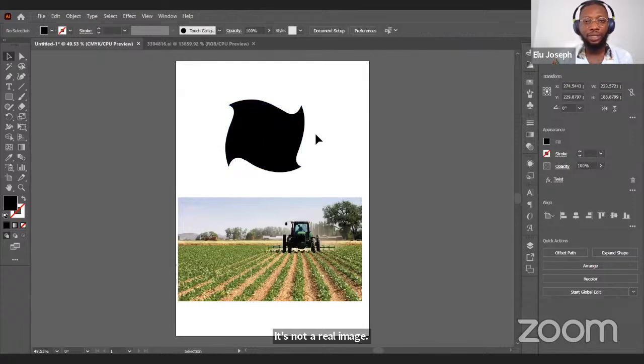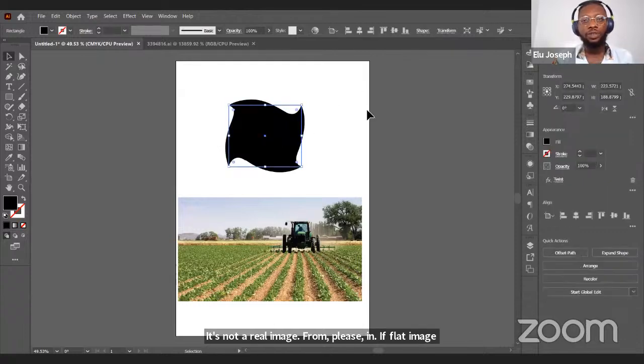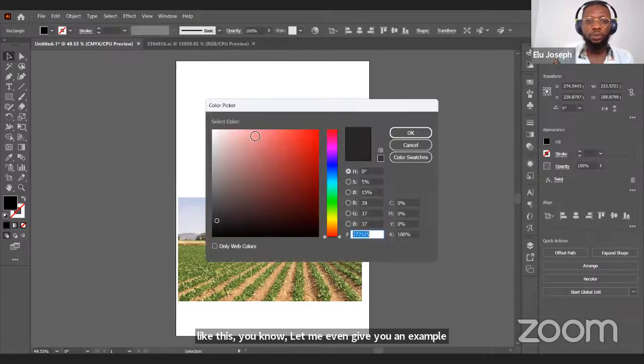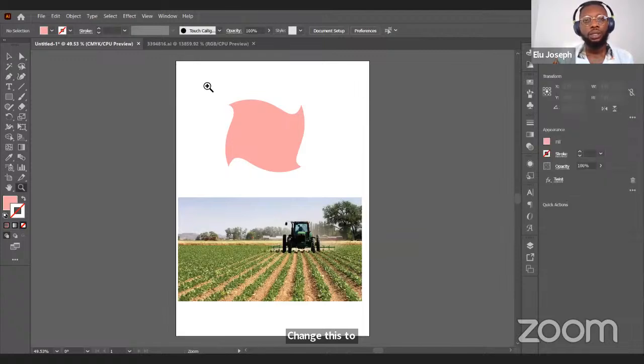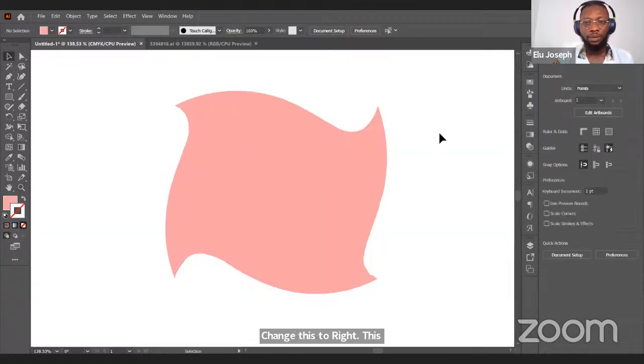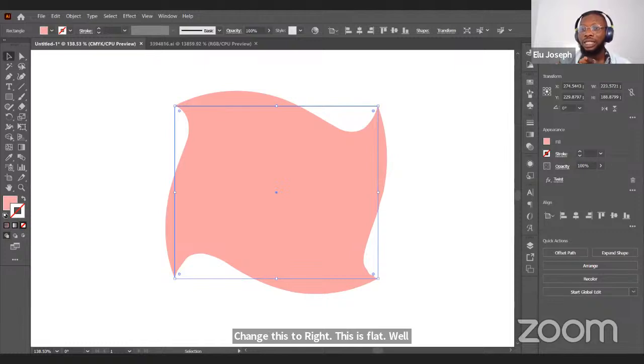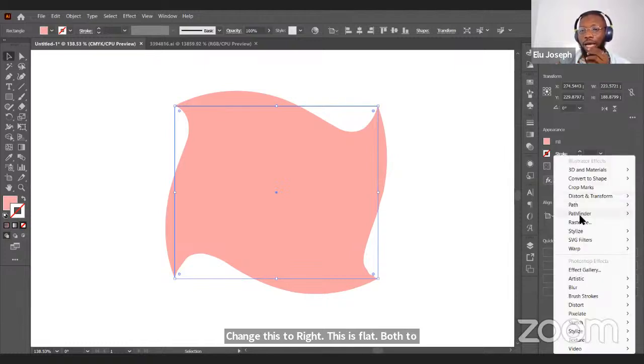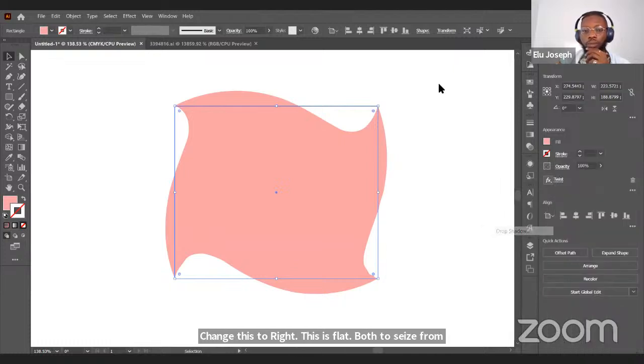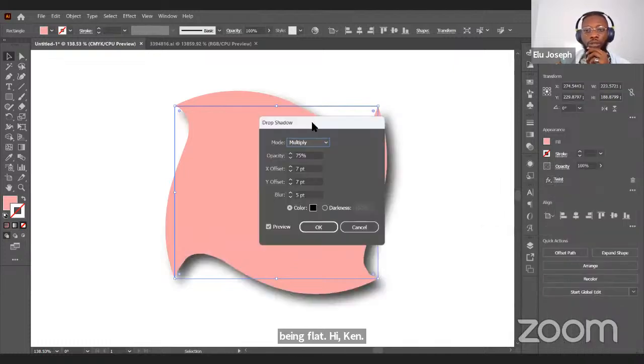Like this, see now, this is flat. Let me give you an example of form. This is flat, right? Let me change this to pale. Now, for it to cease from being flat, I can add a shadow. You see?